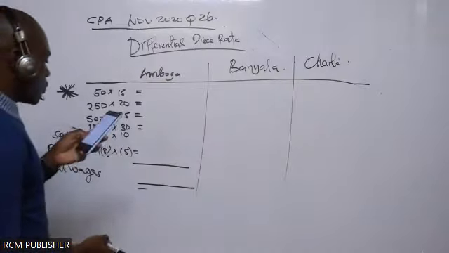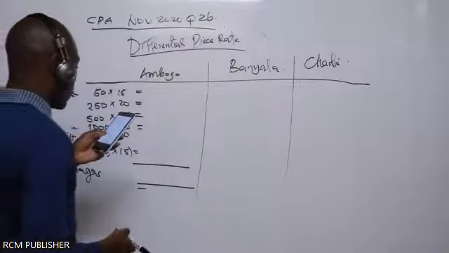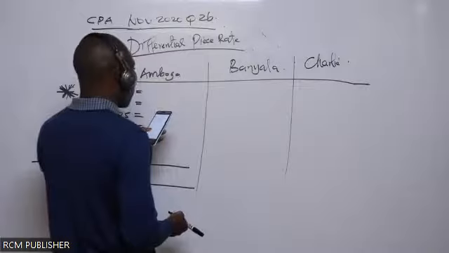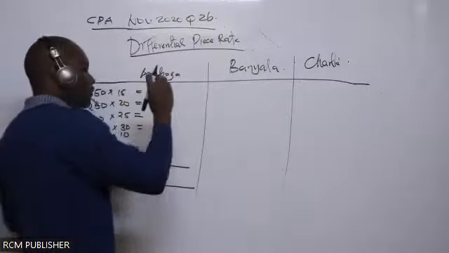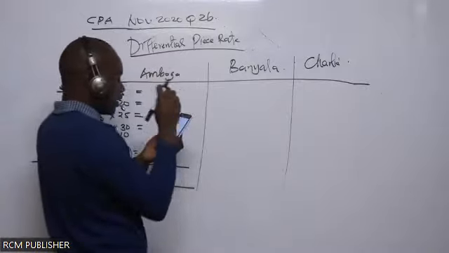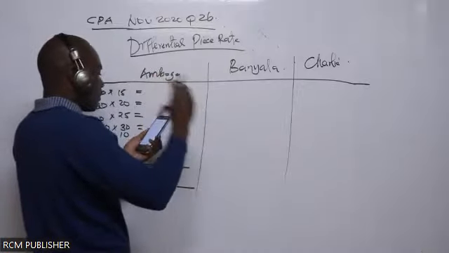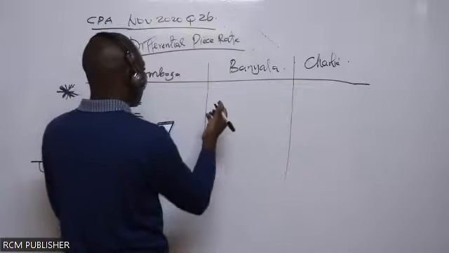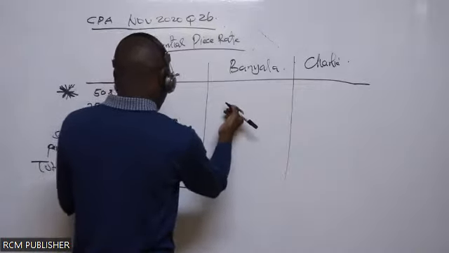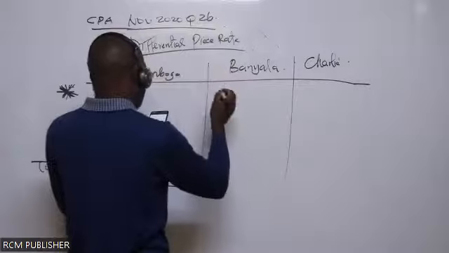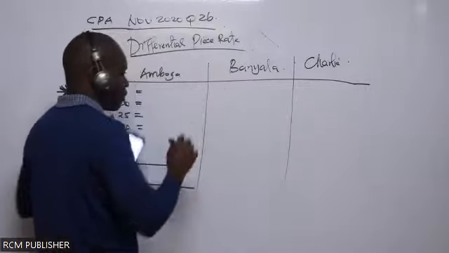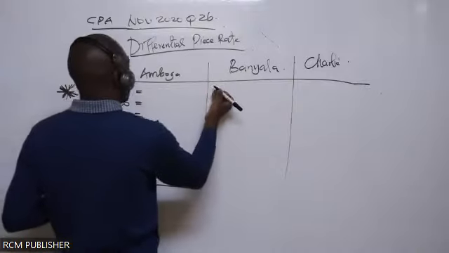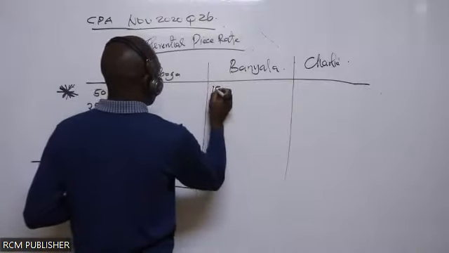Then when we now go to Banyala, we have 1,800. How many spoiled goods were there? 100. So the first batch of 250, I think you're able to see the scale. 1 to 250, they're going to be paid 15 shillings. But then Banyala is already having 100 spoiled in the batch of the first 250, which are supposed to be deducted from that batch, which means we are only going to take 150 in the first batch.